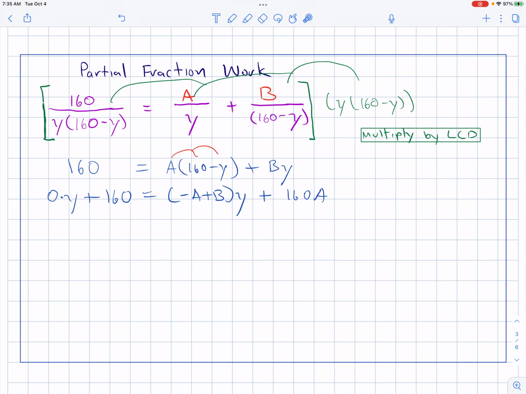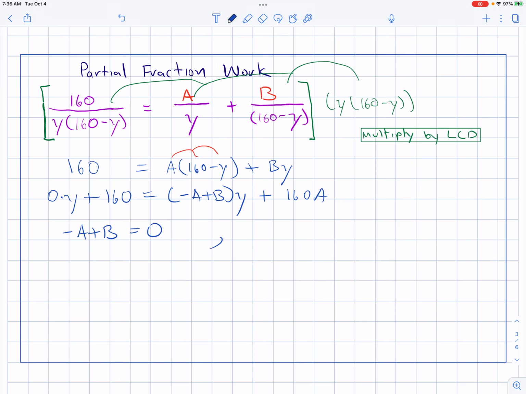And what's nice about that is now we have something times y, 0y, plus some constant, 160, equal to something times y, which is negative a plus b times y, plus some constant, 160 times a. And what's awesome about that is, if the left side equals the right side, negative a plus b, the coefficient on the right side times y, has to be equal to 0, which is the coefficient of y on the left side.